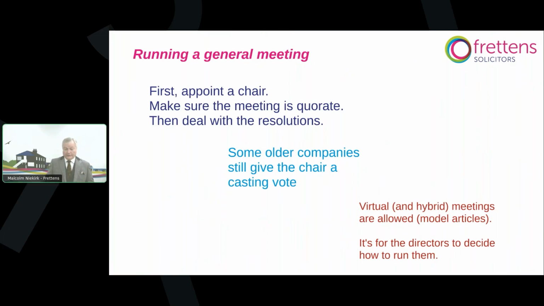First thing the chair needs to do is to make sure the meeting is quorate, and you may need to check the company's constitution to make sure that you have got a quorum present. If you haven't got a quorum, you can't pass any resolutions. And then once you've got the quorum present, you then move on to dealing with the resolutions, the first one of which may well be agreement to hold the meeting on short notice.